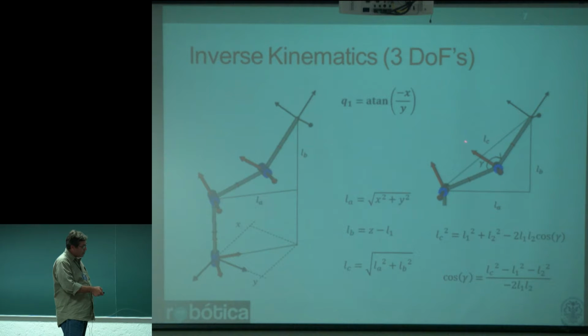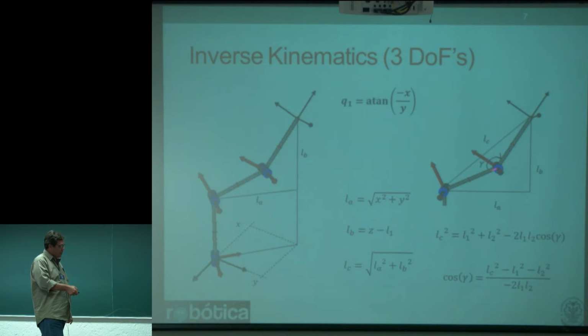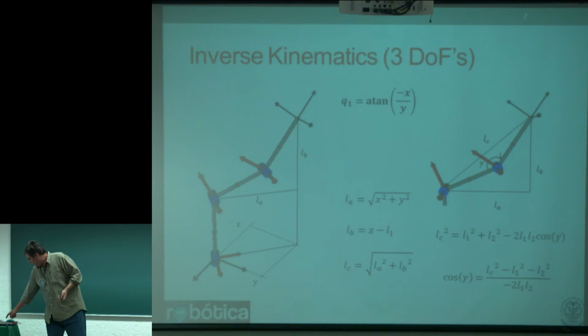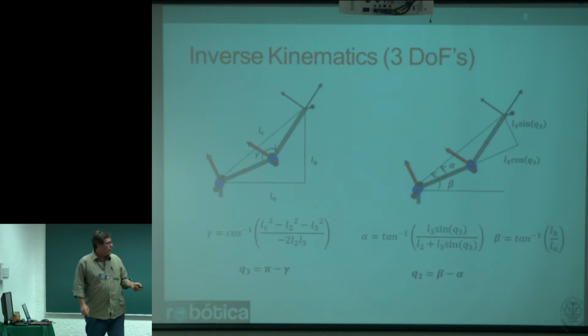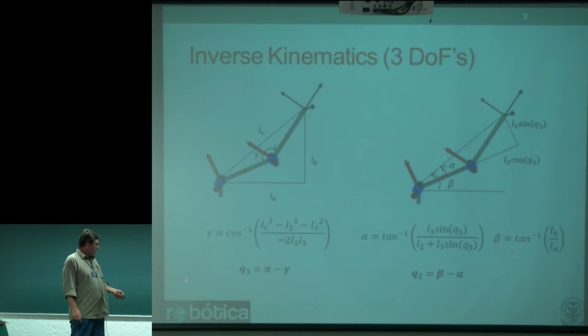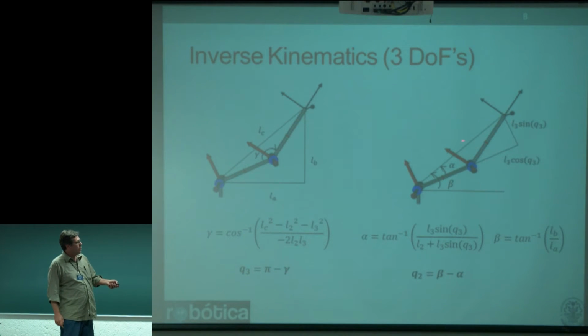So we have that the square of this side is L3 squared plus L2 squared minus 2 times L3 times L2 times the cosine of this angle. So from this we can compute this angle, and from this angle we can find this angle, which is Q3. Okay? So in that way we have Q3, and we can compute Q2.